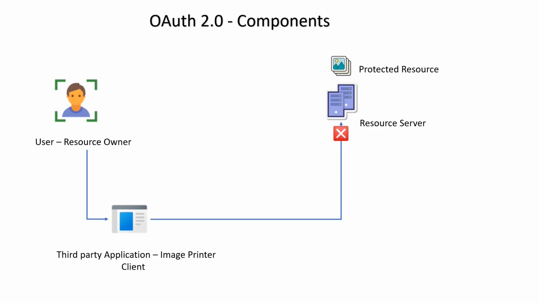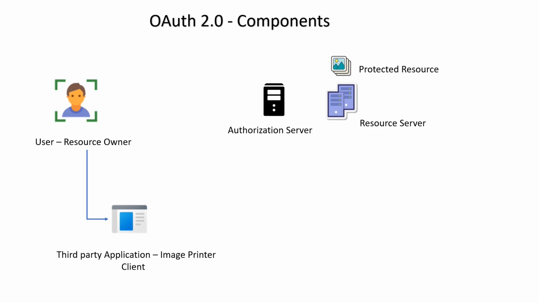Until this third-party application is authorized to access those pictures, it won't get access, right? To process this whole sequence, we have one more component called the authorization server. This server is a gateway so that third-party applications are able to access resources on the resource server, right?